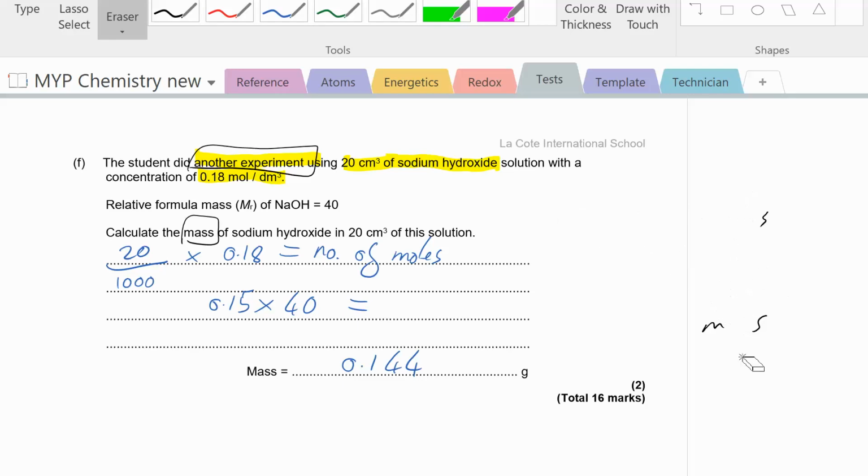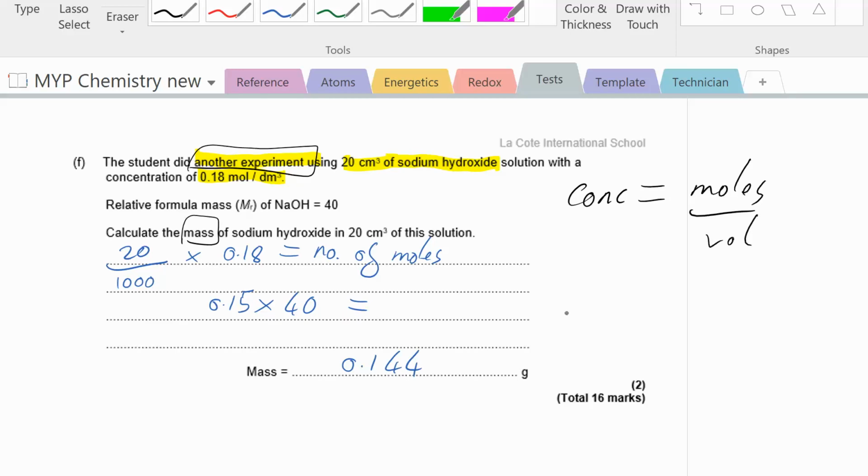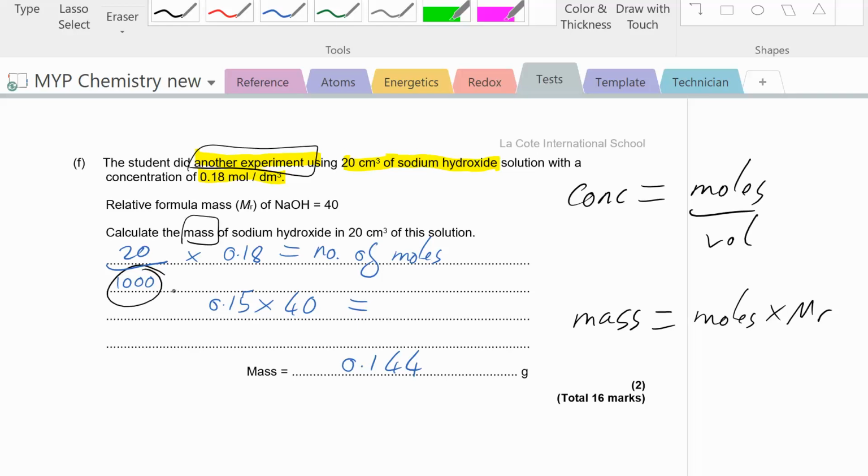So the two equations that you needed were the one from before, concentration equals moles over volume, and you also needed mass equals moles times MR. So the first one would be 20 divided by 1,000 to obviously make it into decimeters cubed, times 0.18.